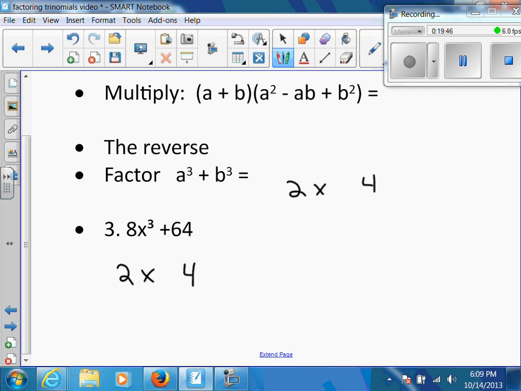In the difference of two cubes, we took the first term and squared it. We're going to do the same thing in the sum of two cubes. So 2 squared is 4, x squared is x squared. In the difference of two cubes, we took and multiplied the two terms. So in the sum, we're going to do the same. 2x times 4 is 8x.